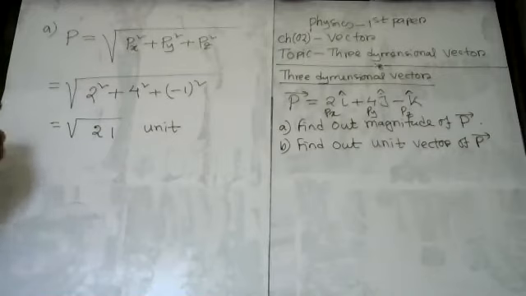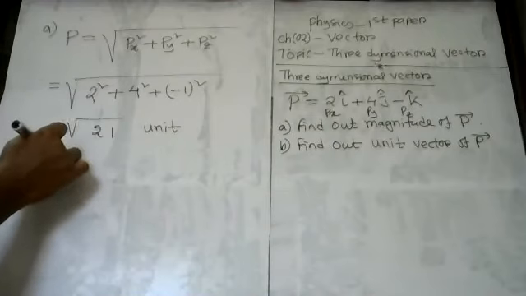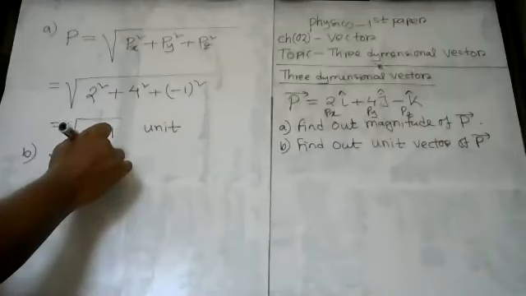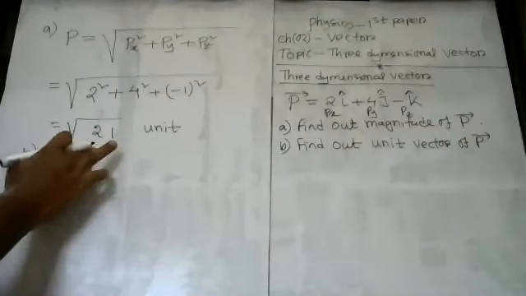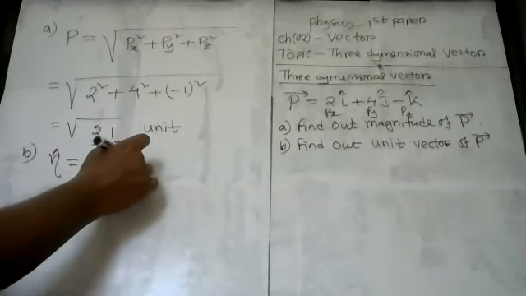Now, my dear student, question number B. I have to find out the unit vector of vector P. So the unit vector of vector P, eta hat or eta cap, will equal to vector P divided by its magnitude.